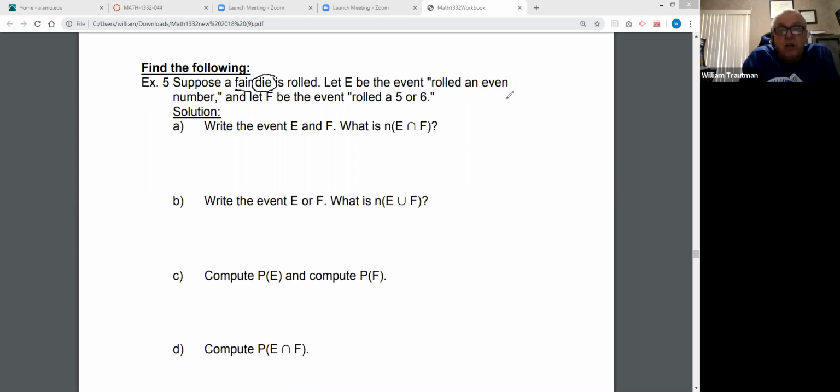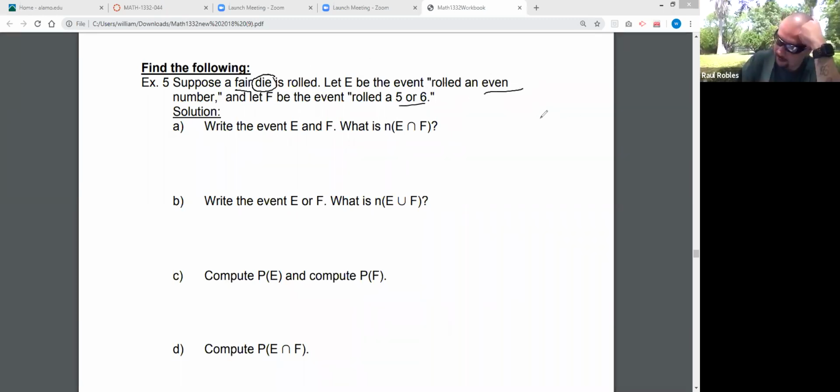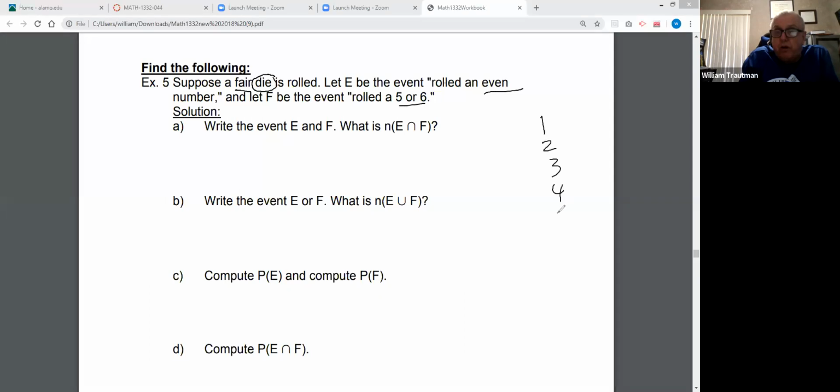Suppose a fair dice is rolled. Let E be the event: roll an even number, and let F be the event 5 or 6. So you can roll a 1, 2, 3, 4, 5, 6 on a dice.